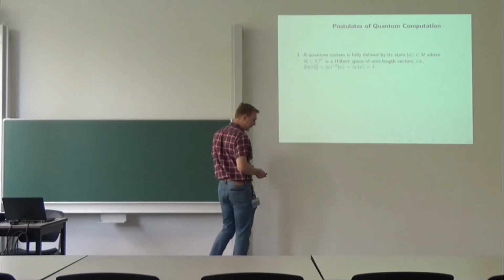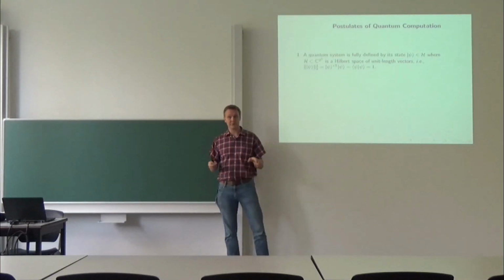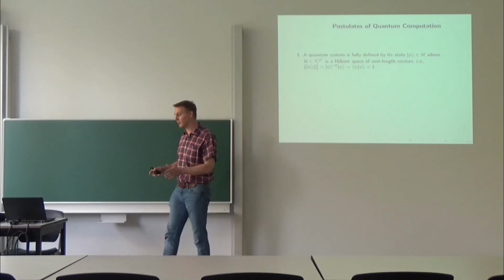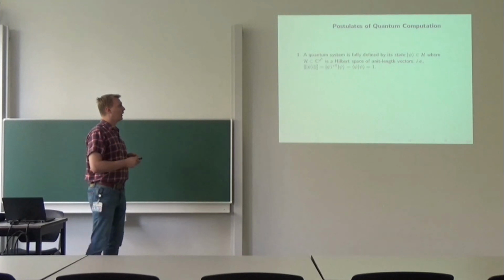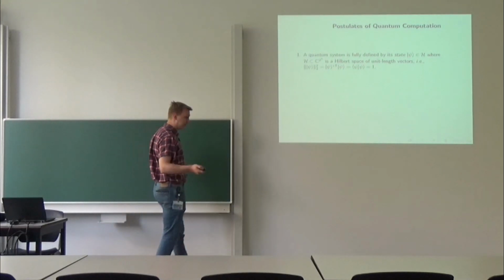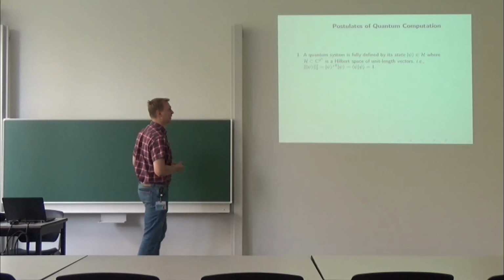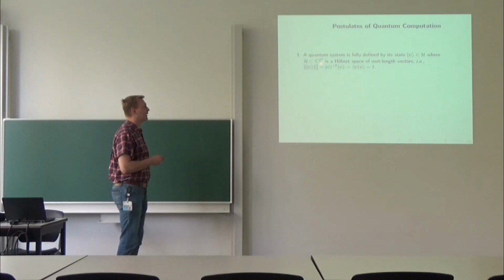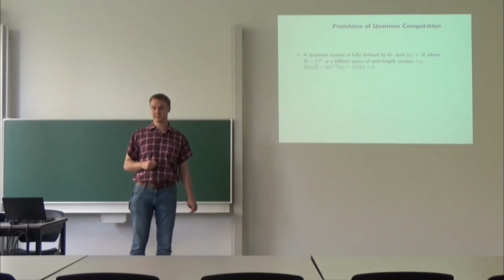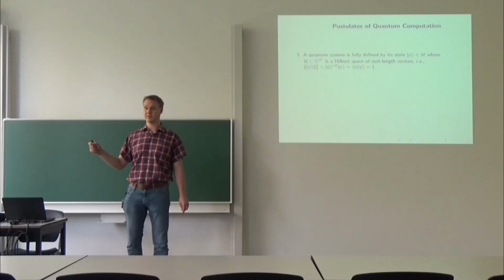So the question is, at first, how do we represent the state of a quantum system? And quantum physics gives us this answer. A state is fully described by a vector of 2^k complex numbers, where k is the number of qubits.